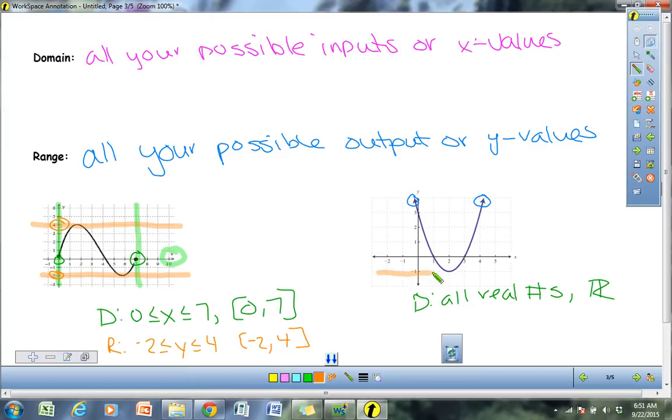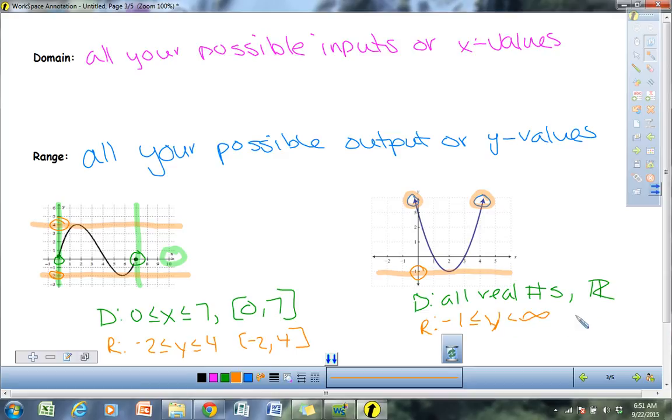It starts here, and then I have arrows on the end, so that says it goes on forever. So my range is going to be starting at -1, less than or equal to y, less than or equal to, and since it doesn't end, I'm going to write infinity. Or we can write that as [-1, ∞). Notice I have parentheses around the infinity. Whenever we do positive or negative infinity, we have parentheses, not the brackets.